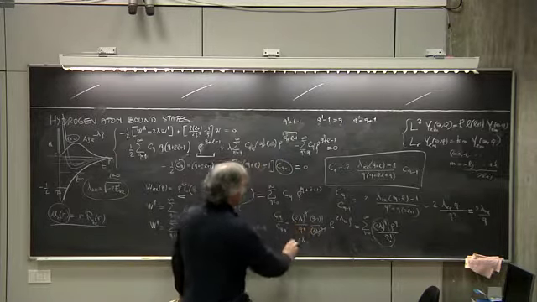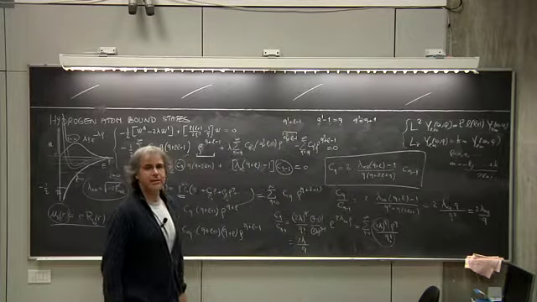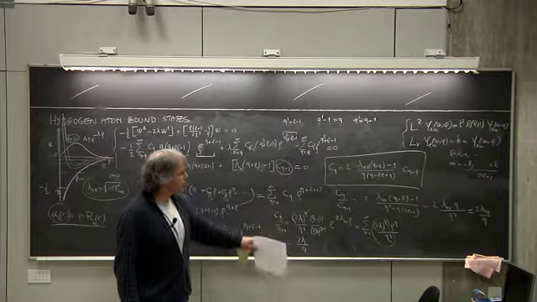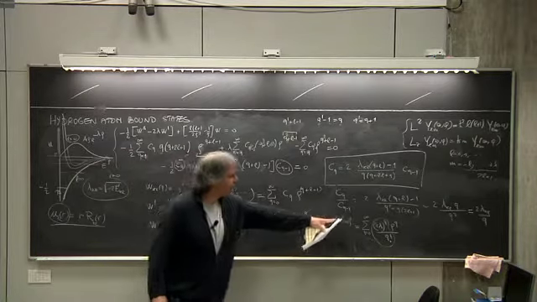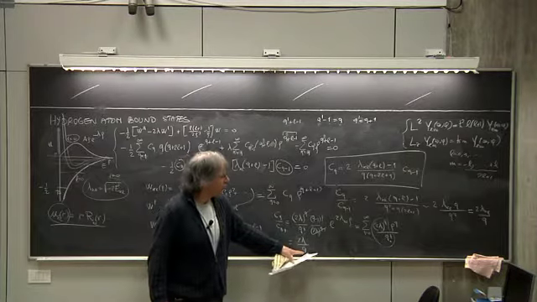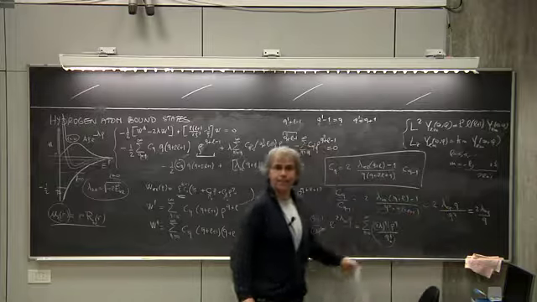And the factorials are also quite nicely behaved. They'll just give you a 1 over q. So the ratio of two consecutive coefficients in this object is just 2 lambda over q. That is what we find there.